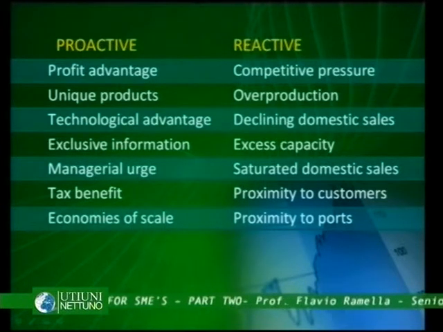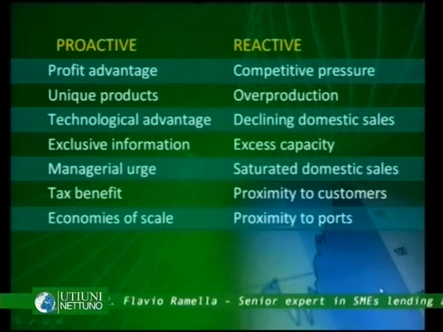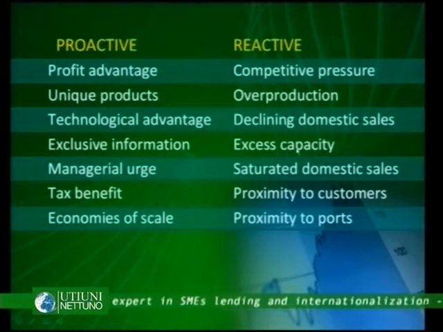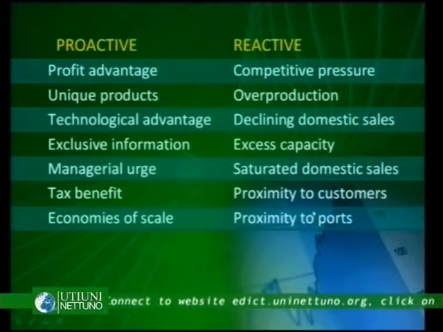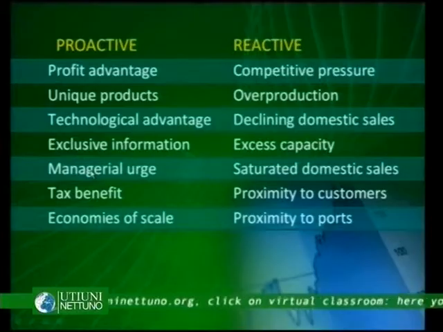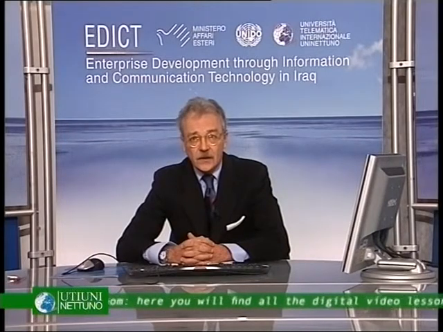While for reactive firms, we have competitive pressure, overproduction, declining domestic sales, excess capacity, saturated domestic sales, proximity to customer, proximity to ports. The proactive firm is basically a firm which has found some good reasons for going outside the border for selling.